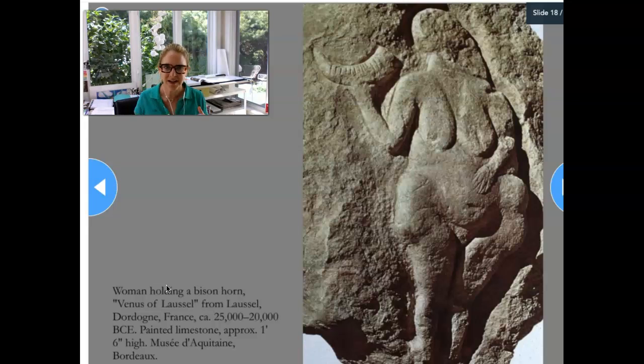You can see again a similar body type, her big swollen fertility aspects of her body, but she's holding this horn, and the question is, is she getting ready to call for the hunt? What is she doing? And why is she holding that horn?